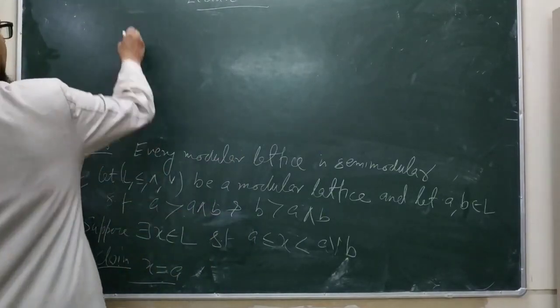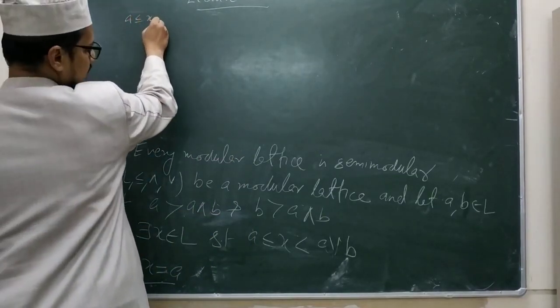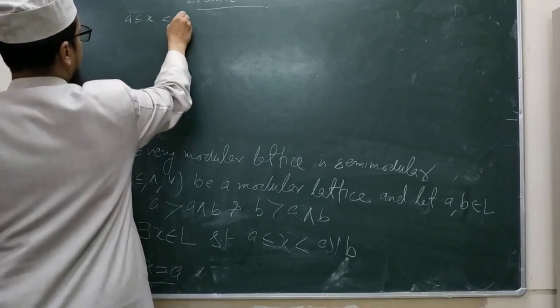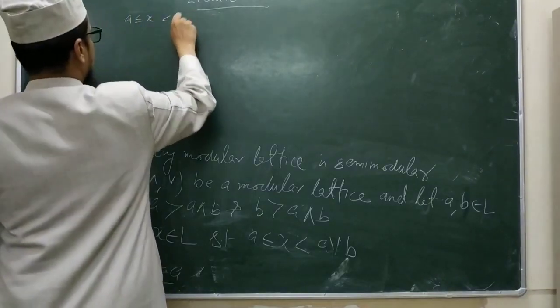So we have A less than or equal to X and strictly less than A join B, correct?